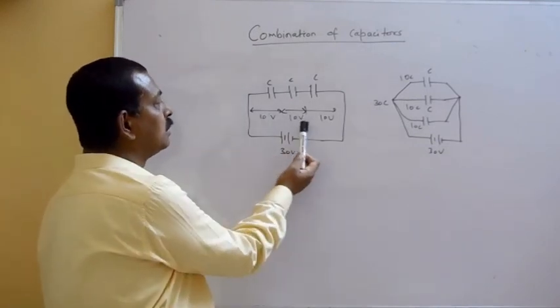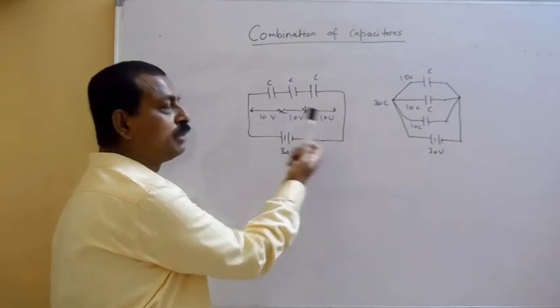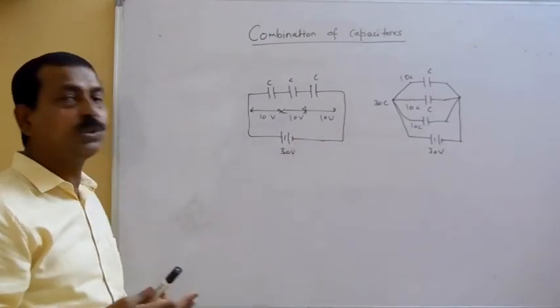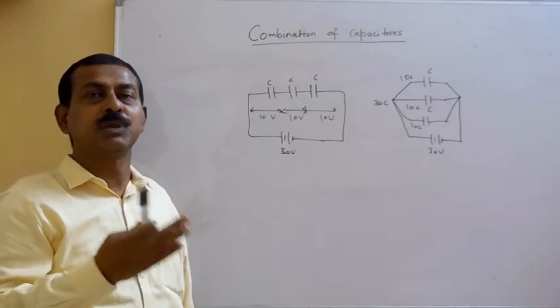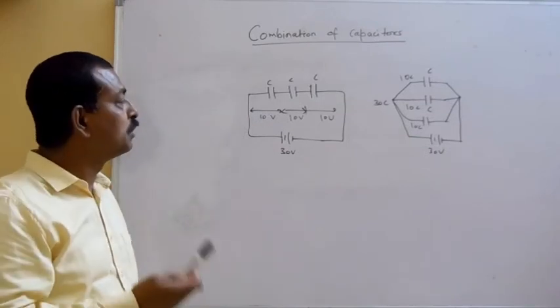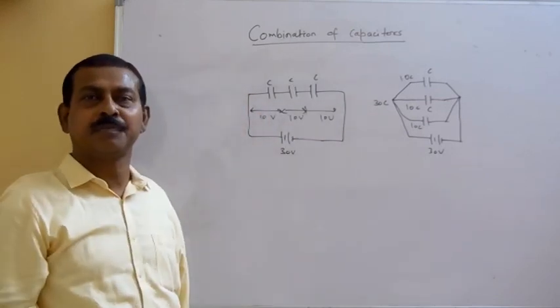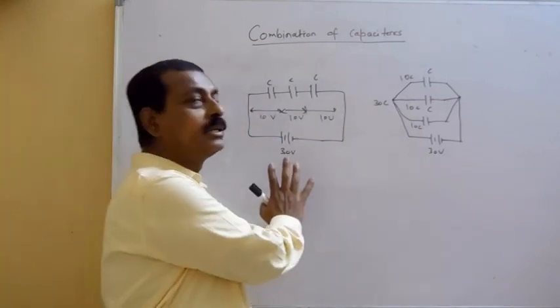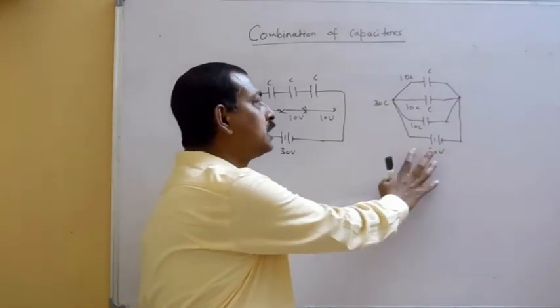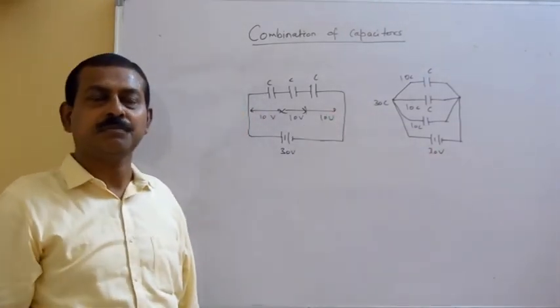Here you can see that it is the same potential difference. When we have used 3, when we have used 2, then it was 15 volt. Again, it was same for both. So with that concept, you will say that this is in parallel. But you know that this is basically in series combination. This is in parallel combination.